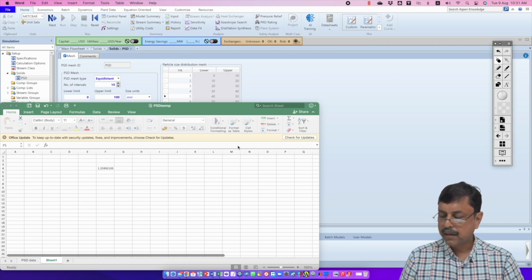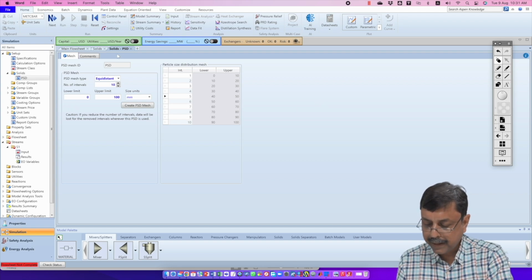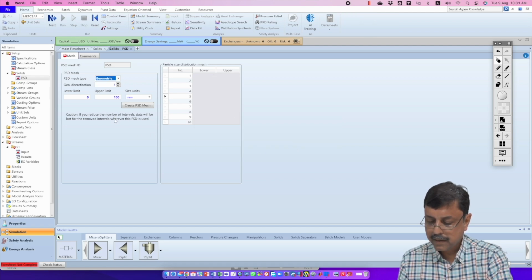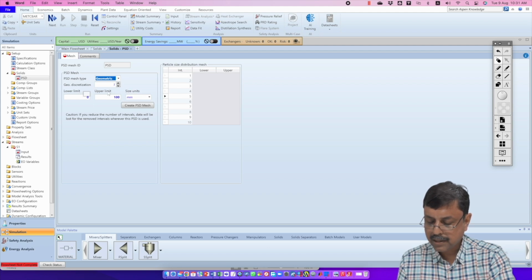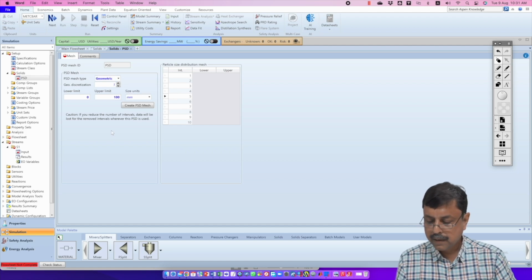Let us see whether it follows that way. Let us say we want geometric. It will override. I will come to this discretization later. It is a number between 1 to 4. Let us say 1, and the upper and lower limit, say 2 to 20.